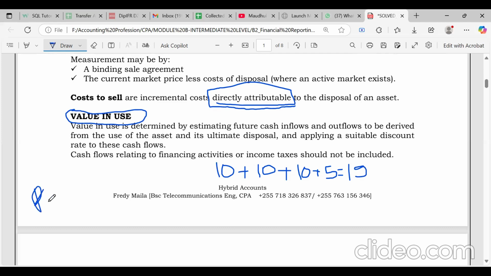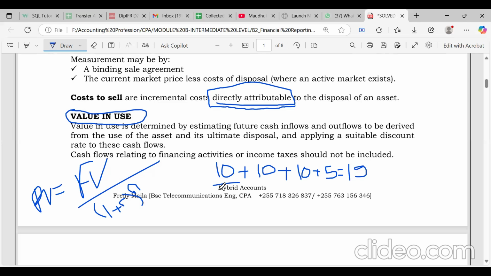Like I said, present value equals future cash flow divided by 1 plus r to the power n. So let's say r is 10%, it would be 1 plus 10% is 1.1.